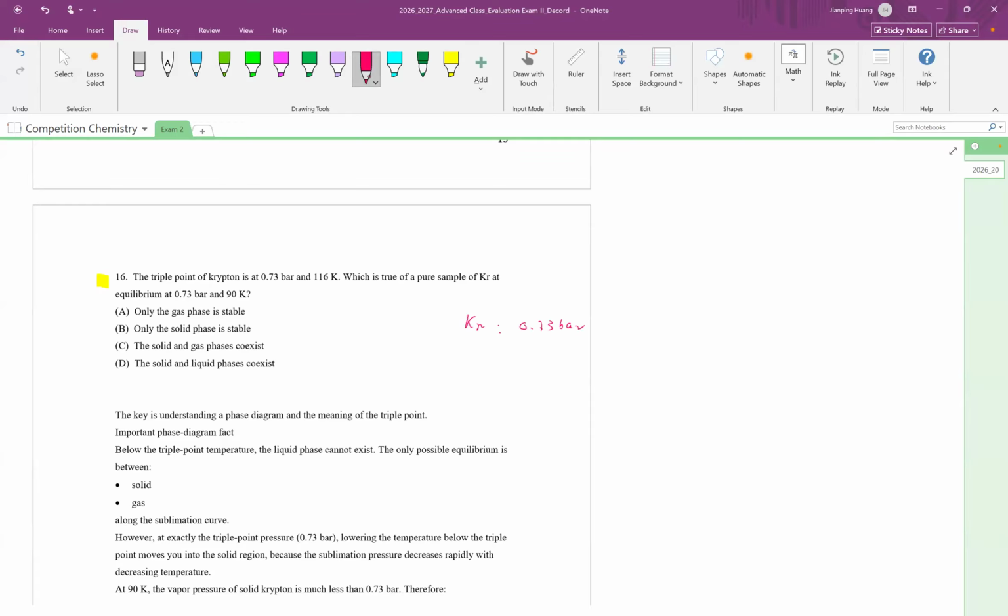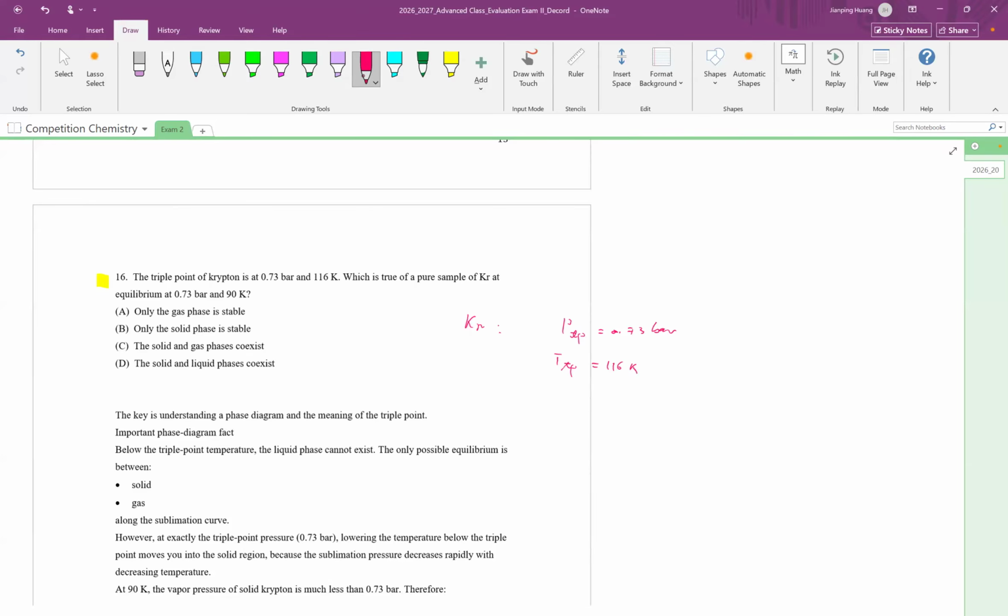That's the triple point. Let me write more detail. The P at the triple point is 0.73 bar, and the triple point temperature is 116 K.